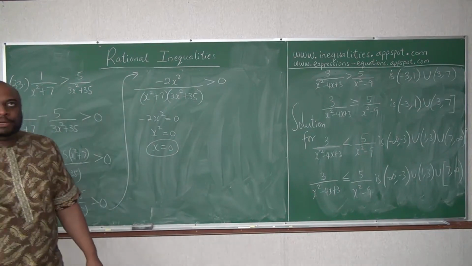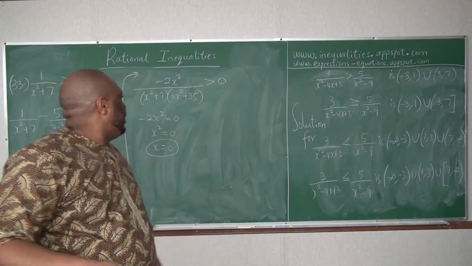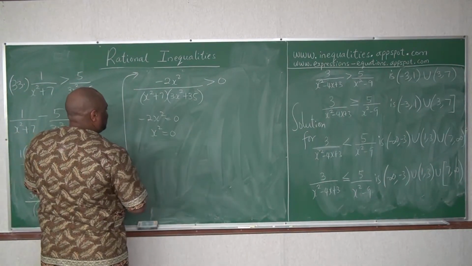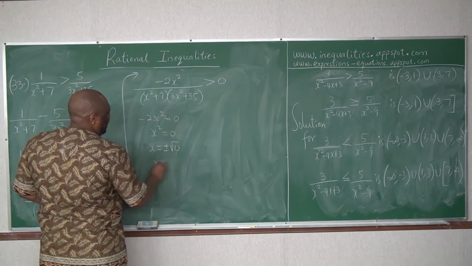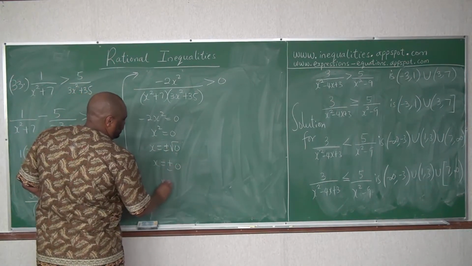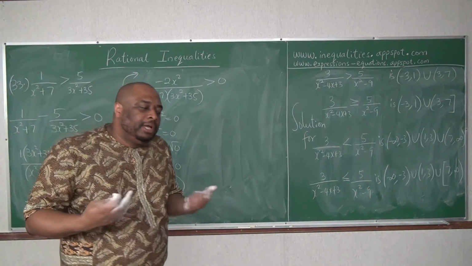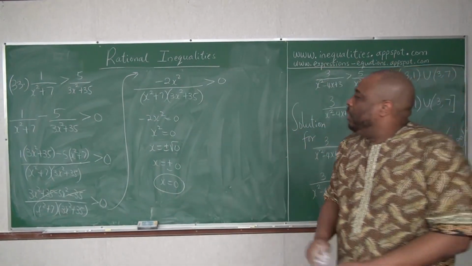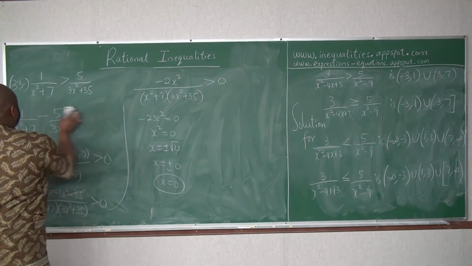Of course, x is plus or minus the square root of 0, which is still 0. 0 is neither positive nor negative, right? Okay, so we now solve this, folks.